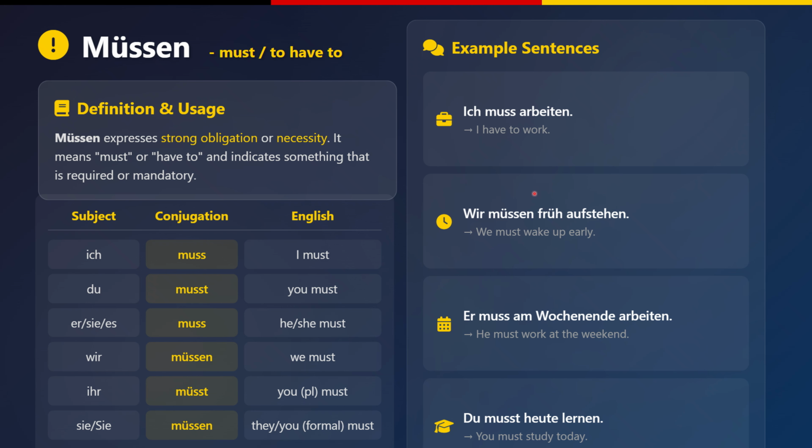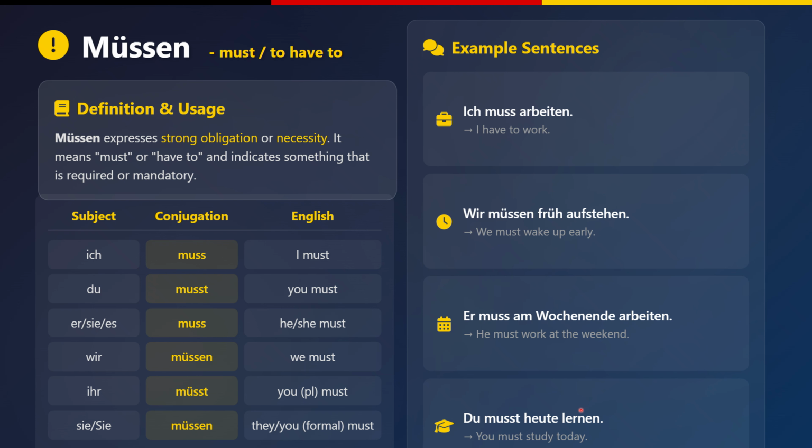Wir müssen früh aufstehen, which means we must wake up early. Er muss am Wochenende arbeiten. It means he must work at the weekend.